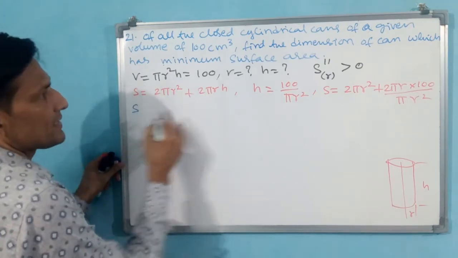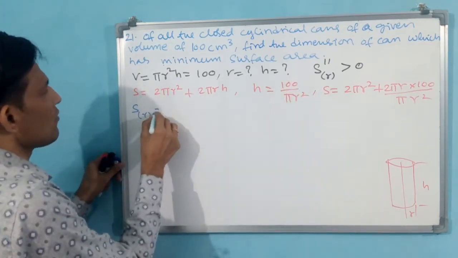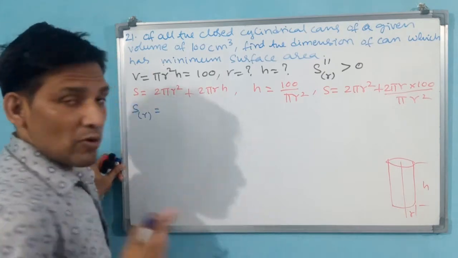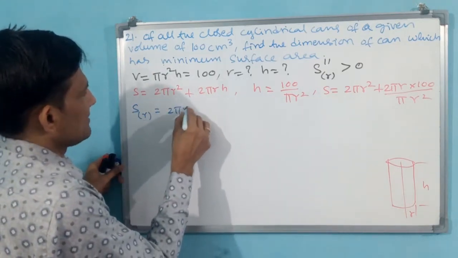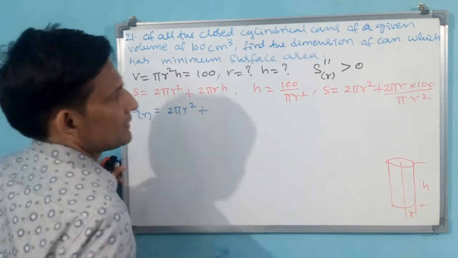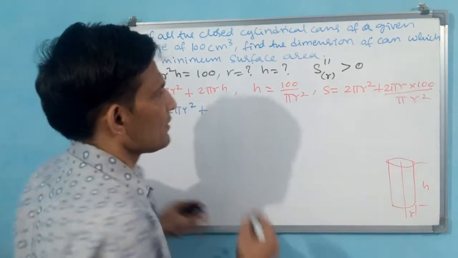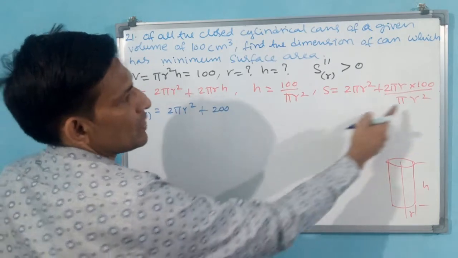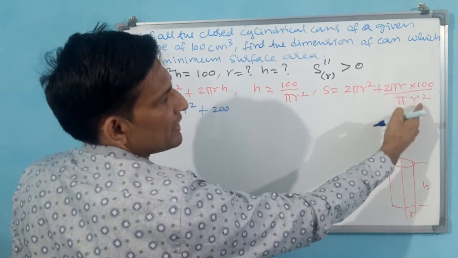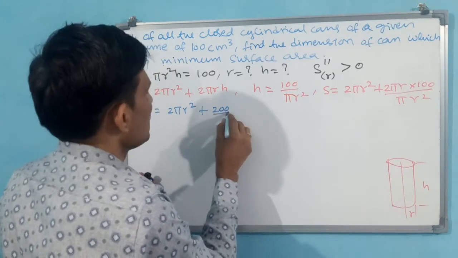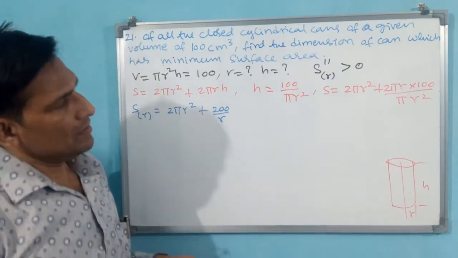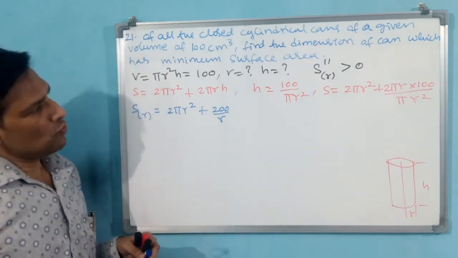You see, S in terms of R only we have done, we have not yet differentiated. Okay, 2 pi r square, plus 200, pi r, 1 r got cancelled, but denominator 1 r is there, 200 by r. Okay, 200 by r, that's all.